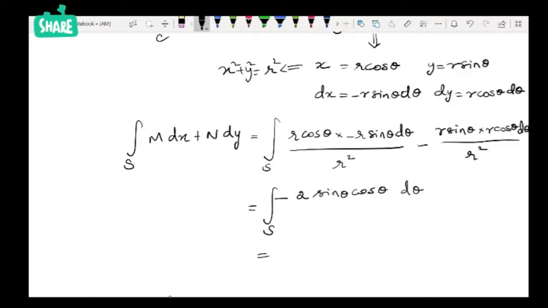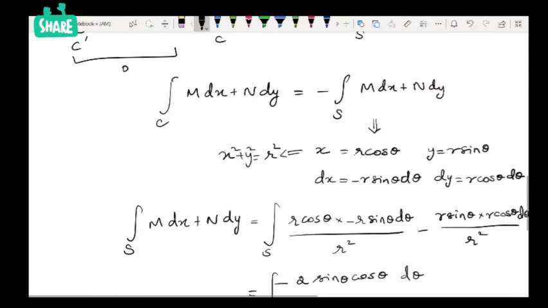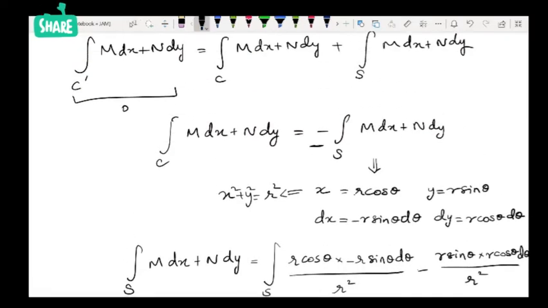So this is the same as writing minus sine 2 theta d theta, because 2 sin theta cos theta is sine 2 theta. Now we can take the limits from 0 to 2 pi, because there is a negative again.